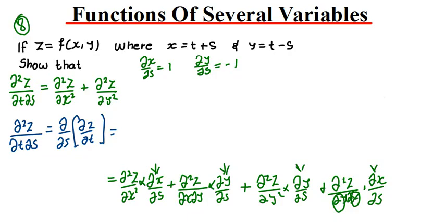So what we have is the second partial with respect to x multiplied by, here we observe partial of x with respect to s is a 1, so I don't have to put anything there. So I'll put 2 there, then plus.